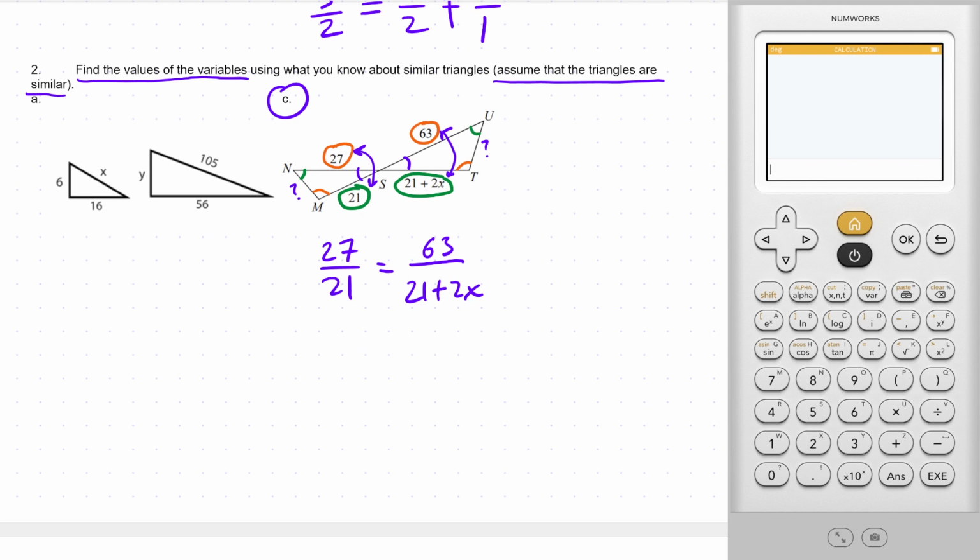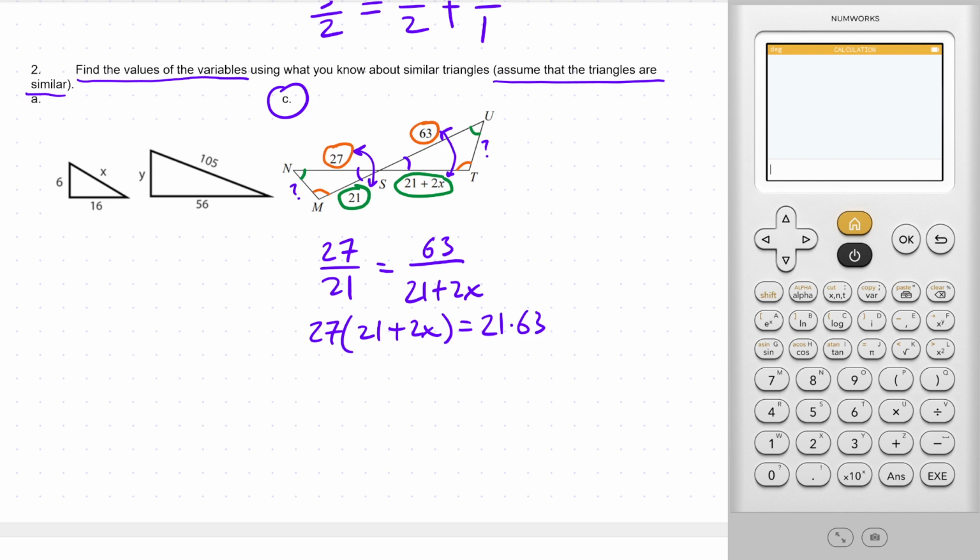So in order to solve for x, I will cross multiply. And cross multiplication is going to give me, let's see, where do I want to write it? I'll write it down here. I'm concerned I'll run out of space, but oh well. 27 times (21 plus 2x) is equal to 21 times 63.